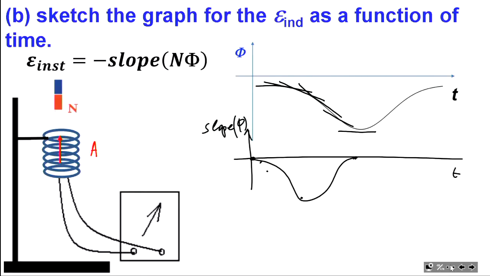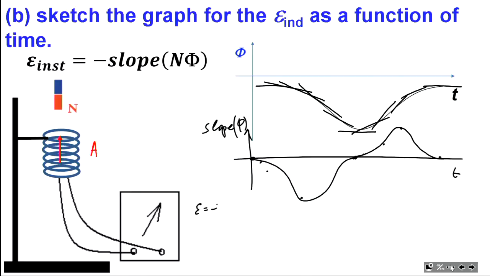So the shape of this should look like this. What next? Well, now the slope is not 0 anymore, but positive, and then more positive, and more positive, but eventually becomes less and less inclined and eventually goes back to 0. So something like this. But that's not the EMF. What is the difference between the EMF and this graph?